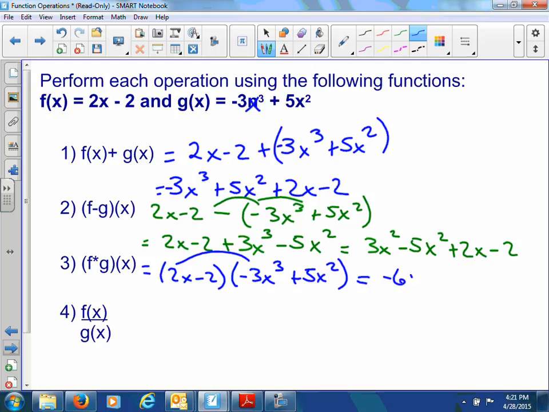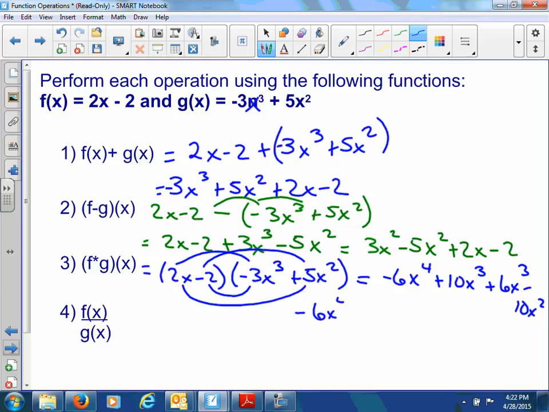That gives me negative 6x to the 4th plus 2x cubed plus 6x cubed minus 10x squared. When I simplify these terms, I get negative 6x to the 4th plus 16x cubed minus 10x squared.